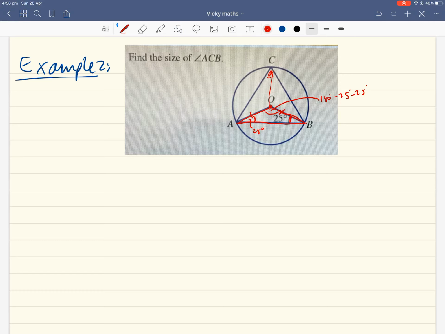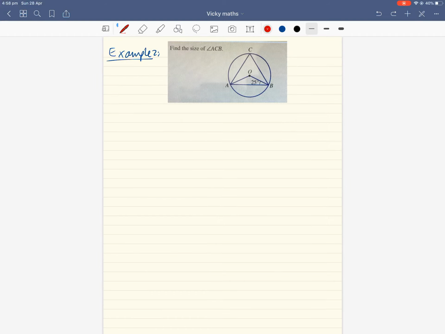And that's essentially the idea of solving this question. So now the next part is, how do we set it out so we get the full marks? Okay, so let's go back to our first observation that OA is the same distance as OB. Why? Because they're both radiuses, or radii.